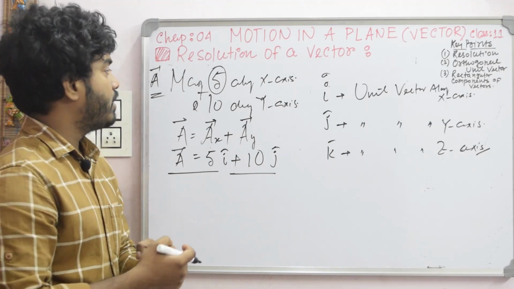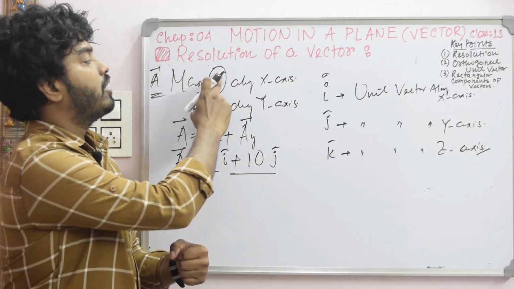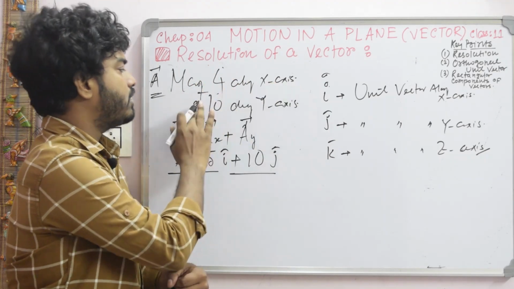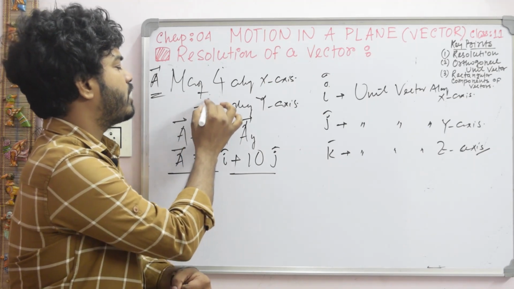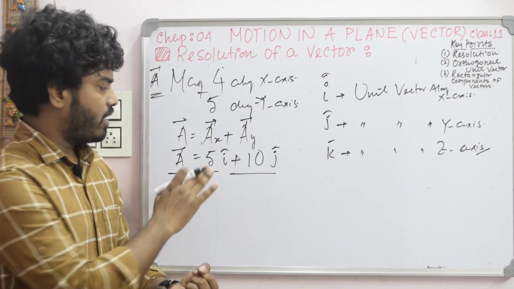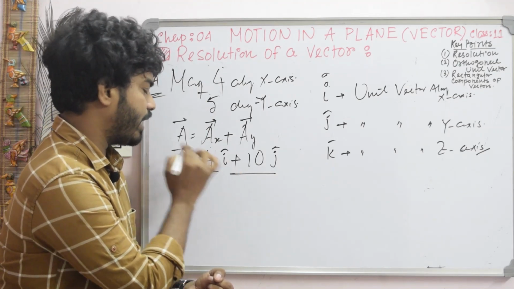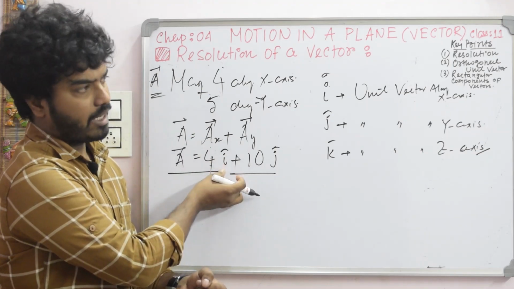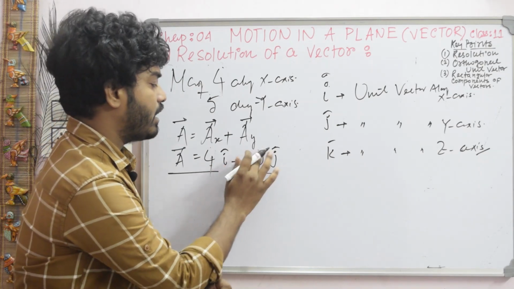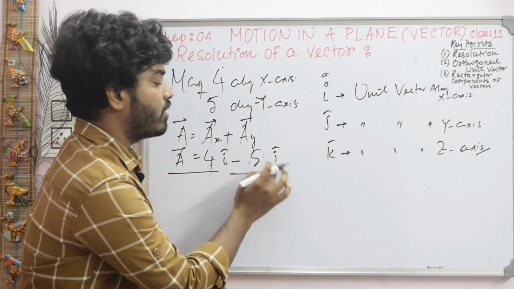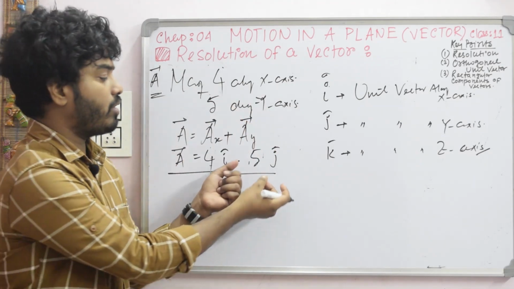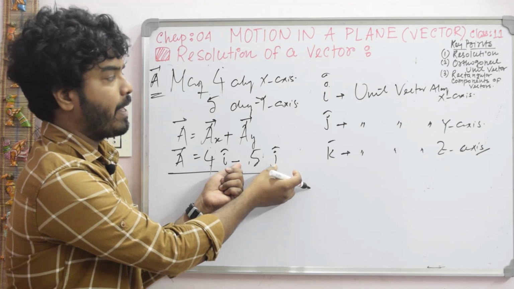Okay, take another example. Suppose vector A has magnitude 4 along the x-axis and magnitude 5 along the minus y-axis. What will be the answer? Here the answer will be 4 i cap along the x-axis, but 5 along the minus y-axis means you have to write minus 5 j cap. The magnitude is 5, but the direction is along the negative y-axis, so you write minus j cap.